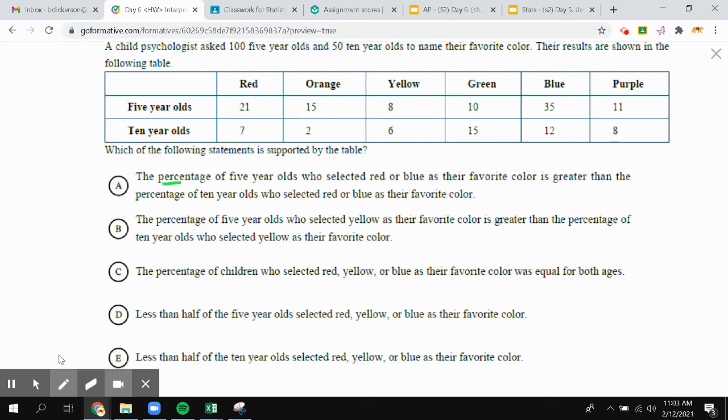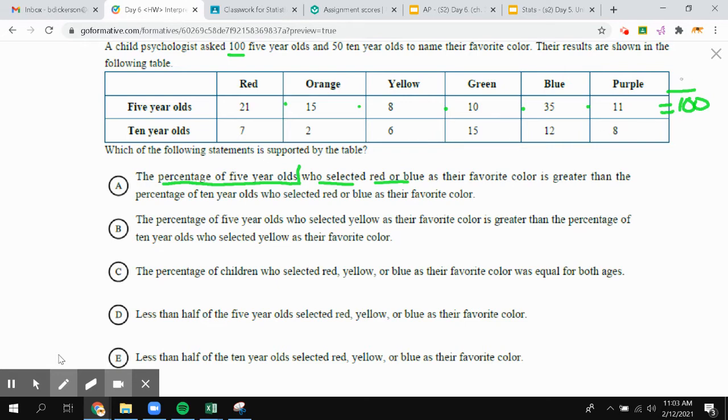So we're looking at the percentage of 5-year-olds, and from there, the ones that selected red or blue as their favorite. So how many 5-year-olds total do we have? They told us here, or you could add up your numbers and you would get a total of 100. That's important because that's how we're going to find our percentage, because it's out of 5-year-olds.